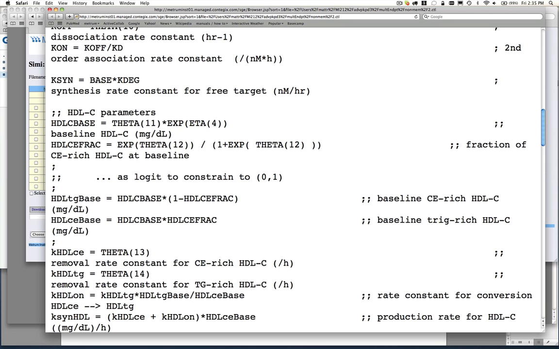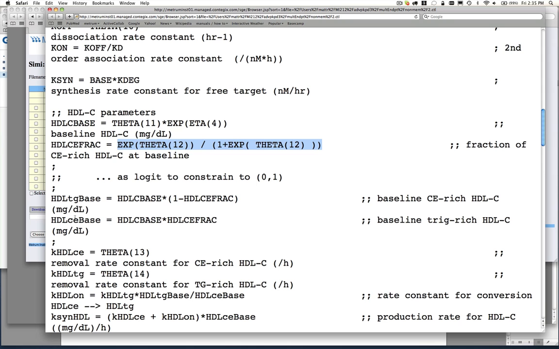And again, I think we had shown this a couple weeks ago, we use this logit, which constrains that fraction to between 0 and 1. And then the amount of cholesterol that's in the triglyceride-rich pool is simply the base value times 1 minus that fraction.